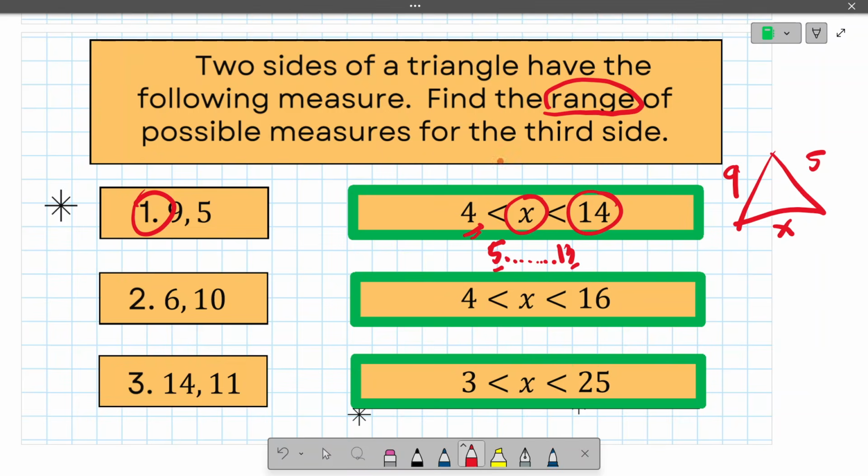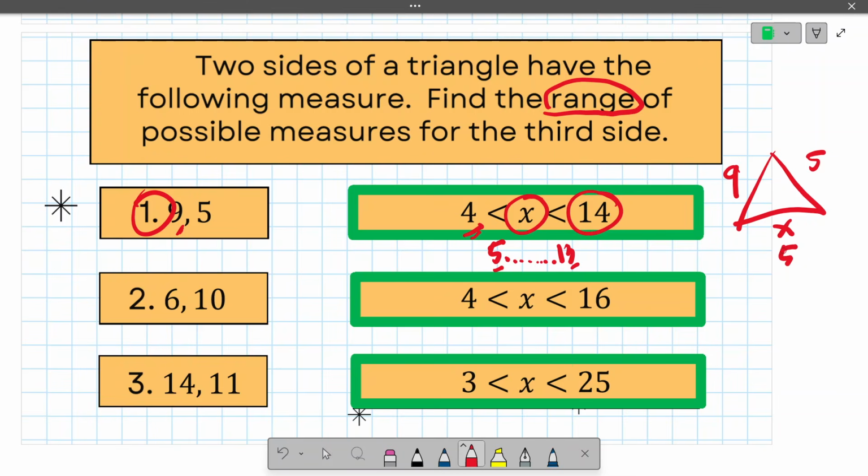So 14 is greater than any number dito sa range. Correct? Yes, correct. Let's say the third possible side ng isang triangle ay, let's say 5.